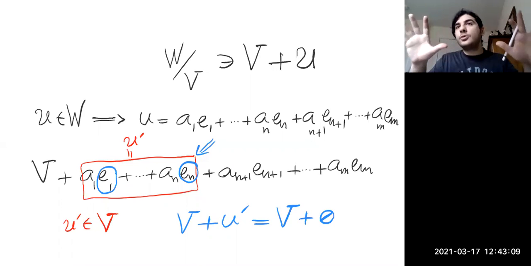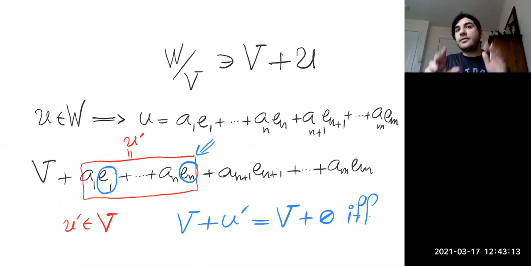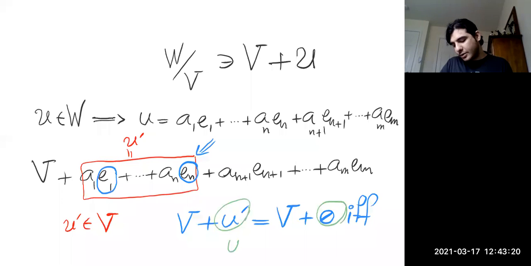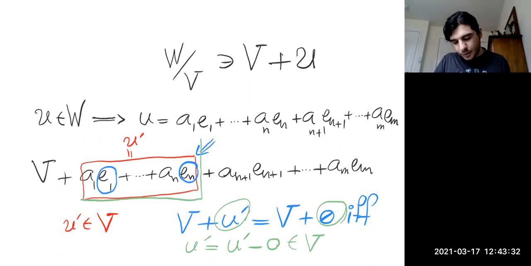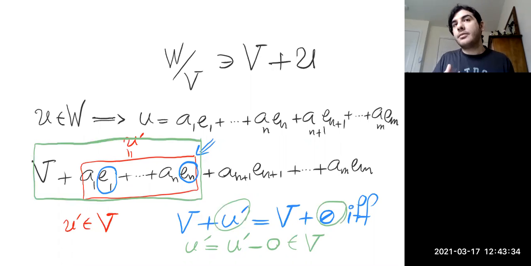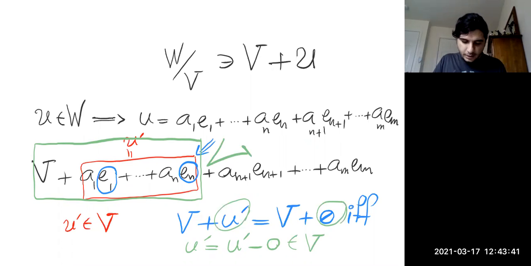I said that two of these things are equal if and only if the difference between these two vectors, U prime and here 0, is an element of V. So that's true if and only if U prime minus 0 is an element of V. But U prime minus 0 is just U prime, and we know U prime is an element of V. So the whole thing here in the green box, V plus U prime, is equal to V. So what does that tell us?